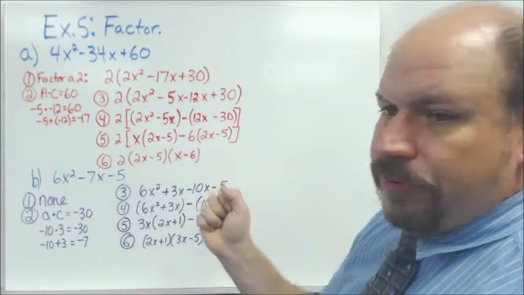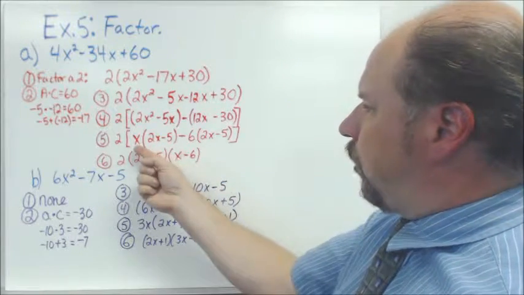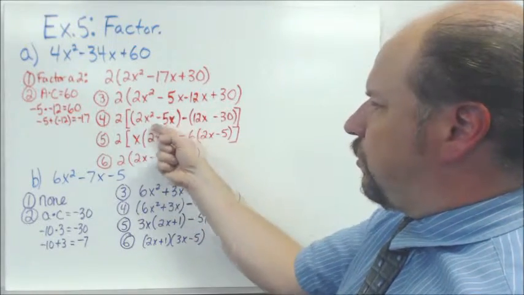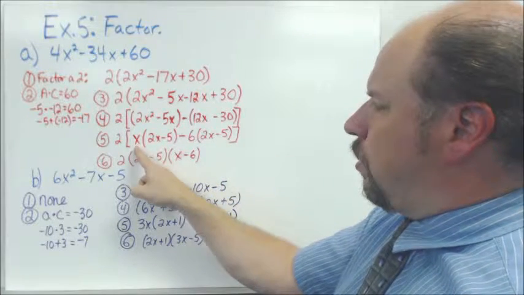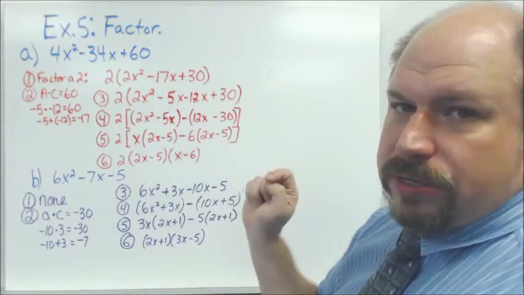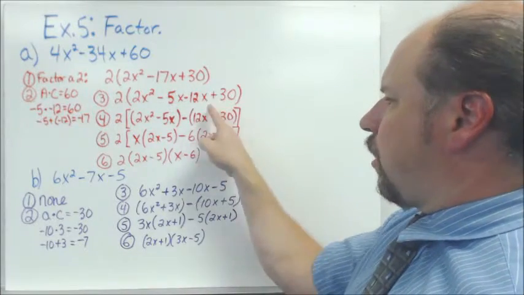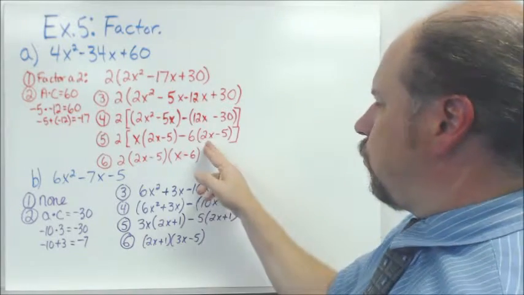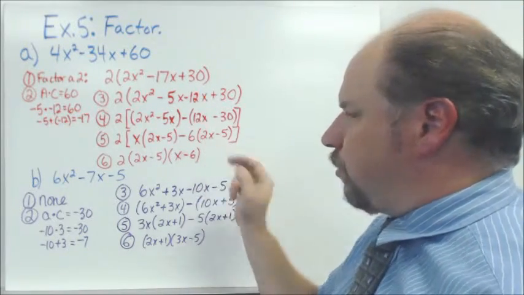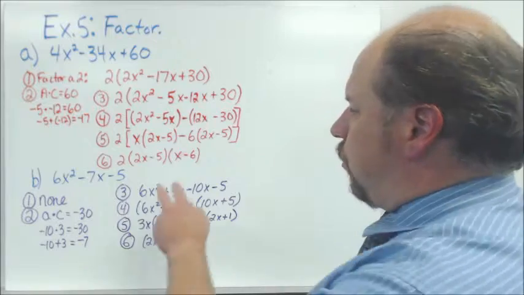And so now we can go ahead and factor out the greatest common factor from each term. So here, if we take the greatest common factor of these two terms, the greatest common factor is x. So we have x times the quantity 2x minus 5. And the greatest common factor of these two terms is 6. So we're going to take a 6 out of both of those. And we have, once again, 2x minus 5. So that's convenient.